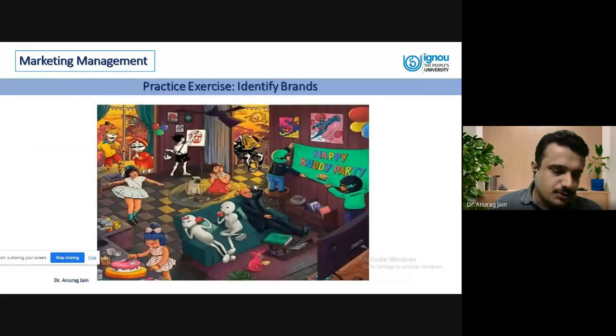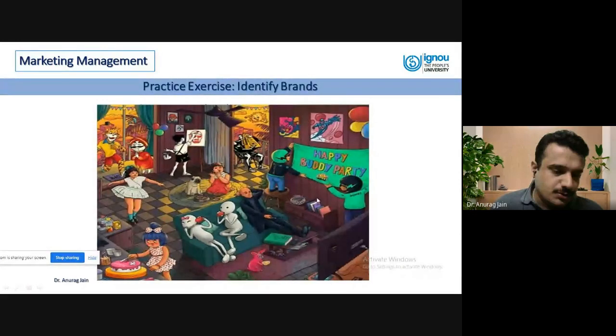Now there is a very small exercise which I have kept for some fun. Here there are some popular logos which you are seeing, and you have to identify the brands. You have to pay attention from the top left corner. Starting from the top left corner, you can move towards the right, then go down, then again move towards the right.